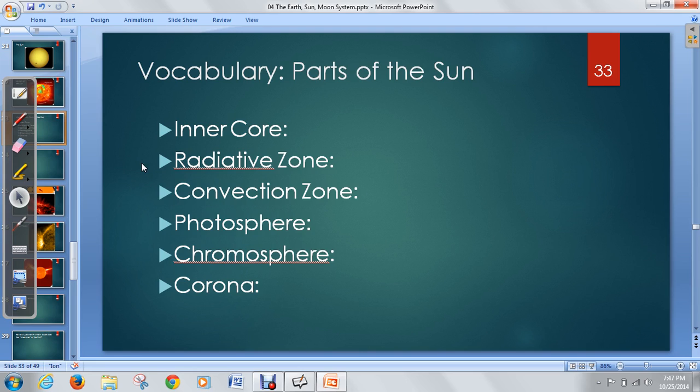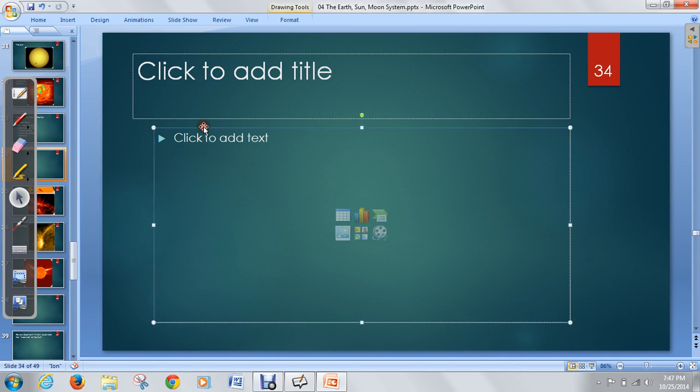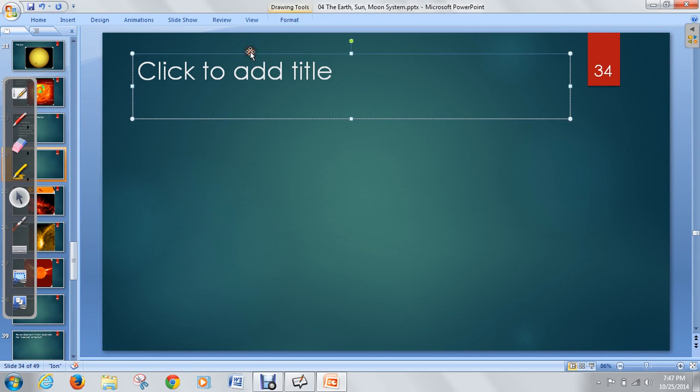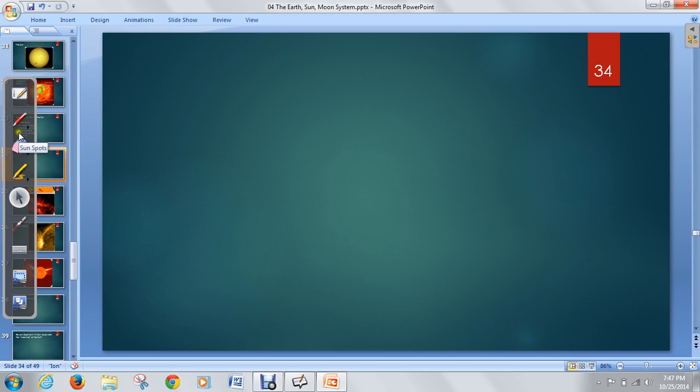And as we go through, I want you to write down the definition that makes sense to you, because I could write the official definitions up here, but it wouldn't really give you a good idea of how the sun is working. I'm going to draw a very simple depiction of the sun's layers and what they do. This might be a little bit of an oversimplification, but I think it gives us a good idea of what's happening.